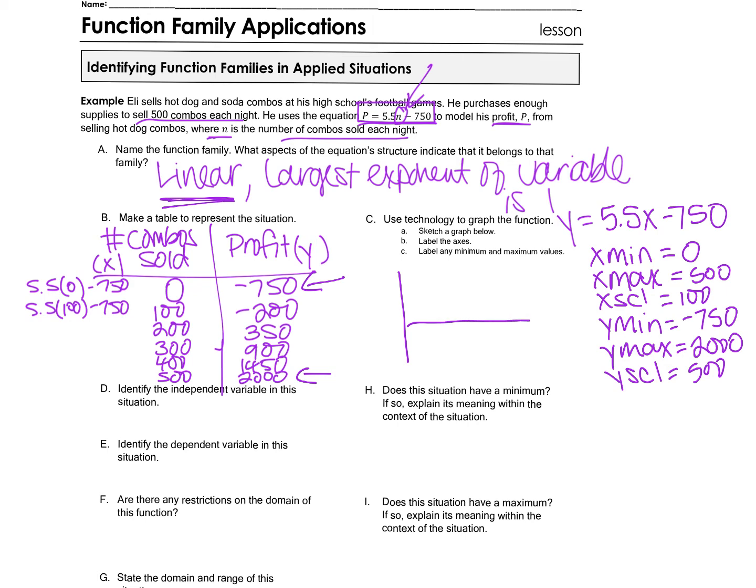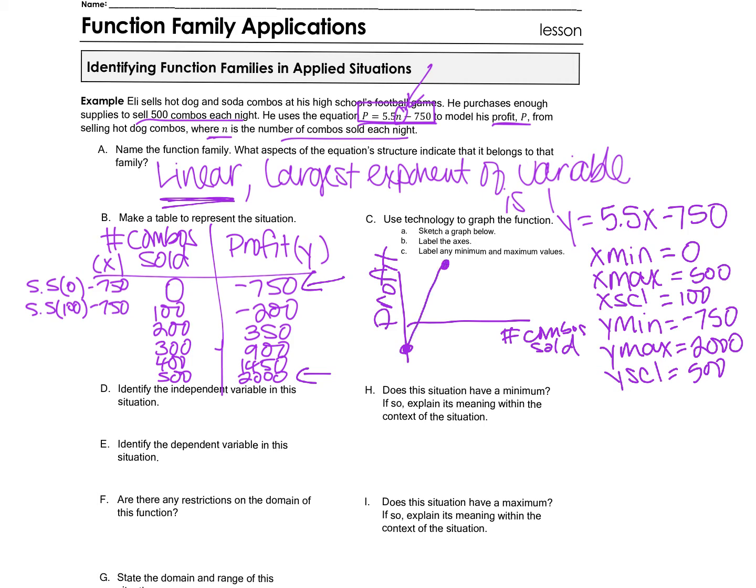And it says label your axis. So X was the number of combos sold. And then your Y was your profit. Okay, so looking after changing your window on your calculator, you should be able to see that min point at the bottom and then that max point at the top.